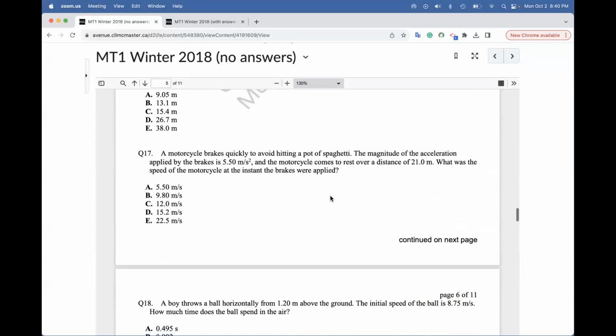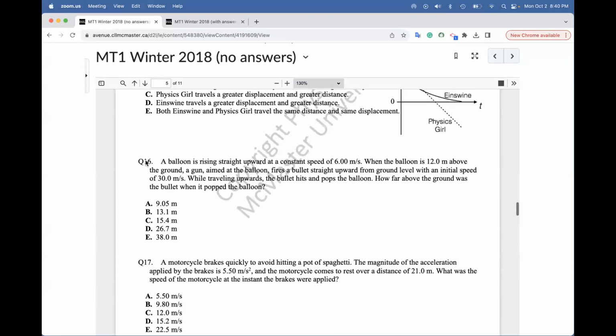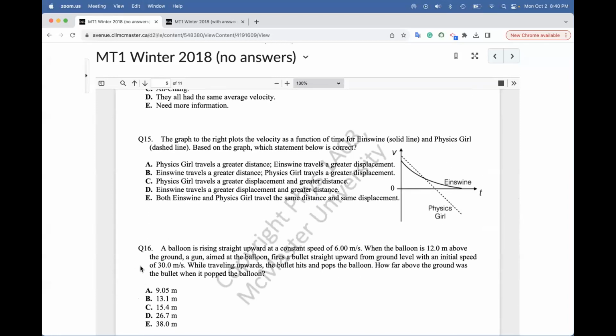If you want to share your screen again. Question 16. Yep, okay.